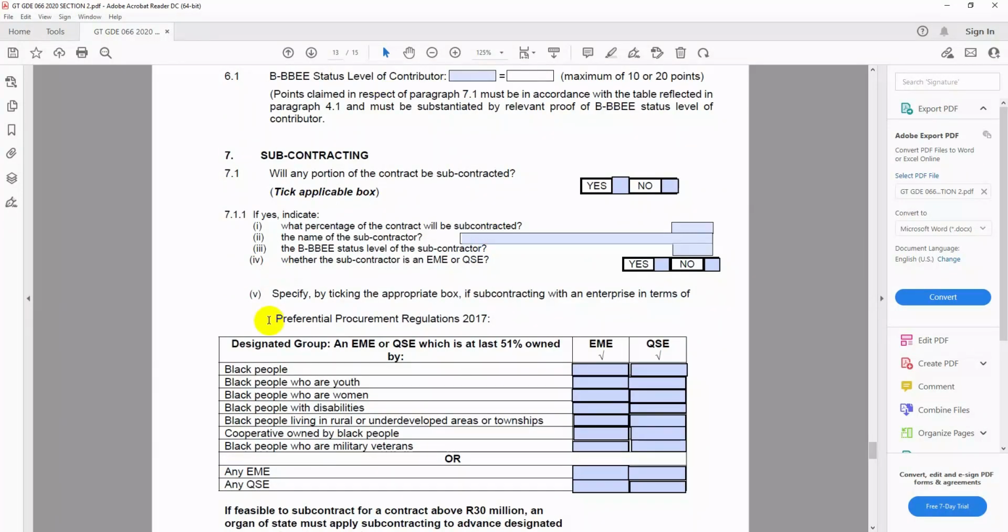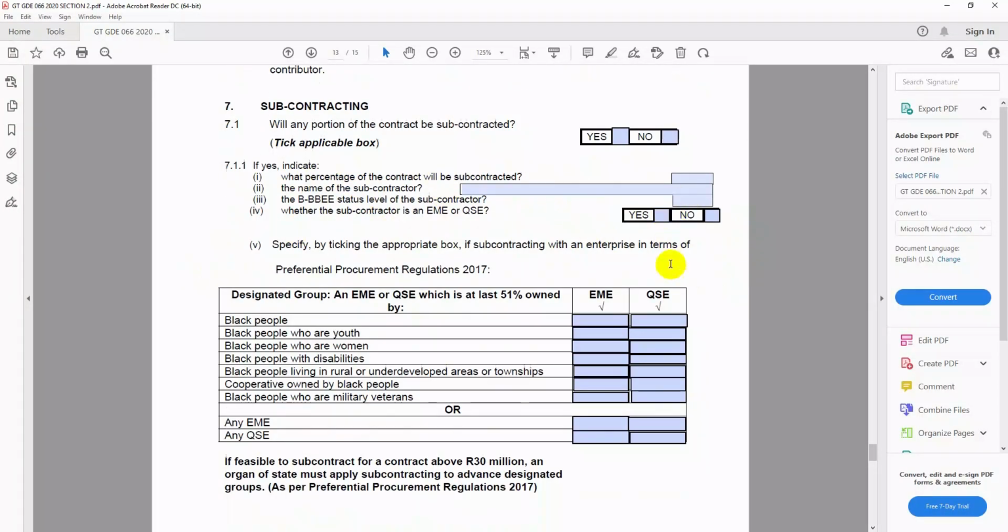And then under subcontracting there, if you are subcontracting, you give us the percentage and the name of your subcontractor, their BE status level. If that subcontractor is an EME or QSE, then you will choose. A QSE is just a company that makes more than 50 million per annum. EME, it's between 0 and 10 million.